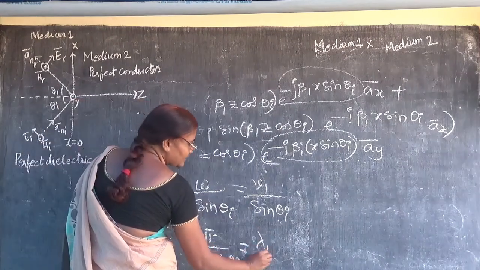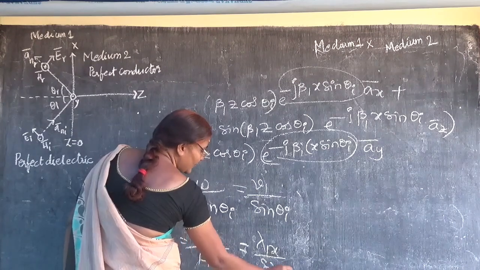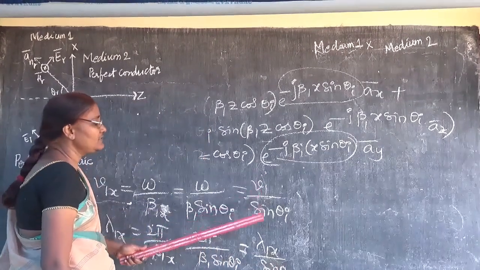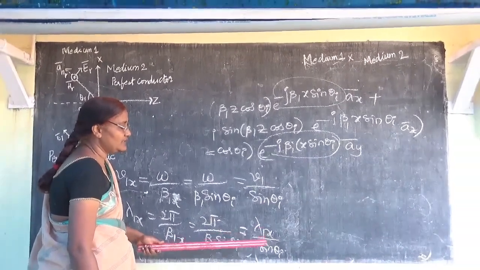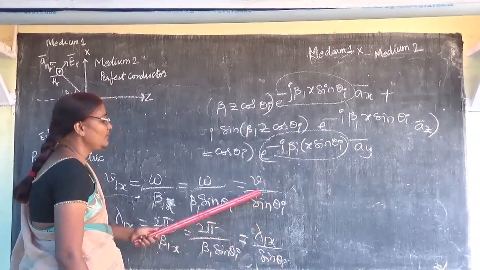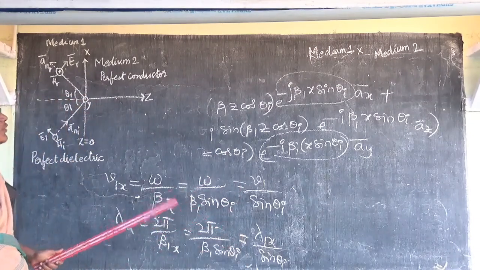It is lambda 1. Lambda 1 by sin theta I. So the standard value is this, and it is divided by sin theta I. So this is the modification we will get with the horizontal polarization.